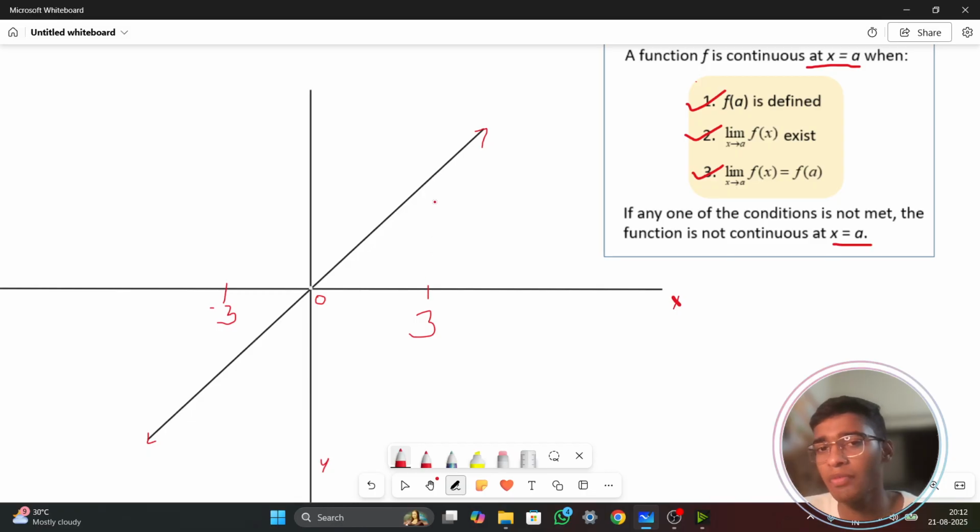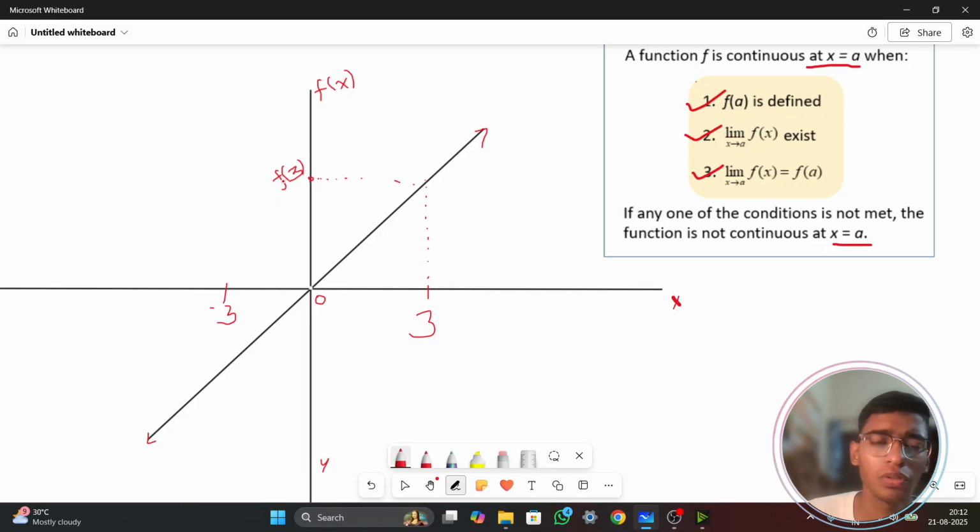At that point, you have a corresponding value on the y-axis, which I can call f(x). For x equals 3, I am getting some value here. For x equals -3, again I am getting some value, not above but below, because my graph is here. So I am getting some value on my y-axis, which is called f(-3).